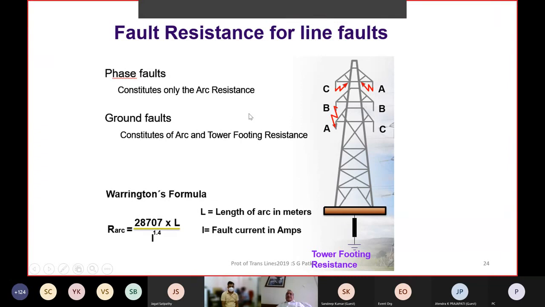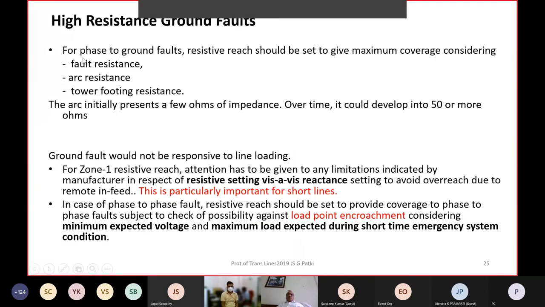So this again causes some measurement problem, which I will explain. So this is a high resistance fault, which is one of the, I would say, challenges to protection engineers, which has been continuing since many years, because depending on the line X and line R, not only the load current angle, the fault angle will also vary.